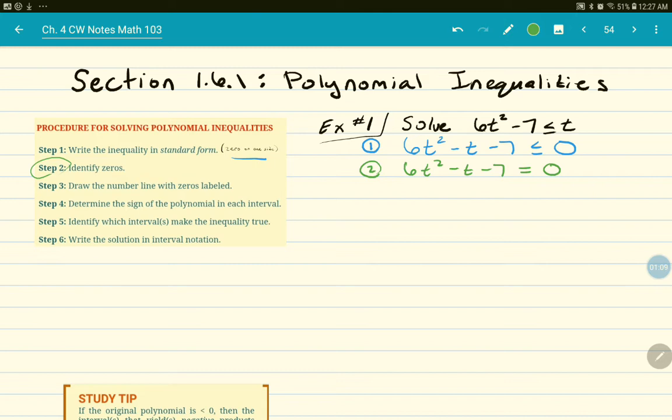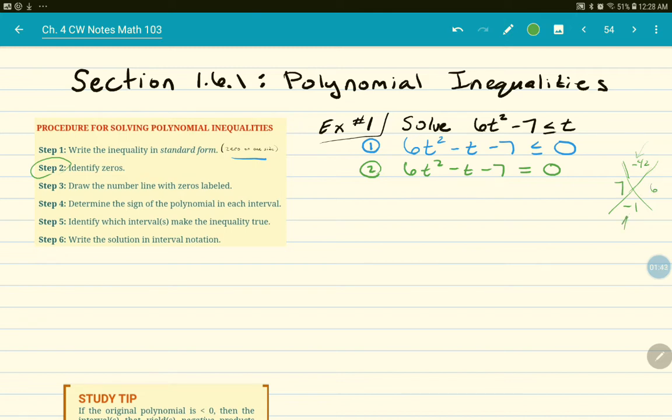To solve a quadratic for zeros, I need to factor it. Actually, this one doesn't factor that easily because of the 6 in front, so I need to do a couple more steps. 7 times 6 is negative 42, and I have a negative 1 in front of the t, so thinking of factors of negative 42 with a difference of 1, that's 6 and 7.